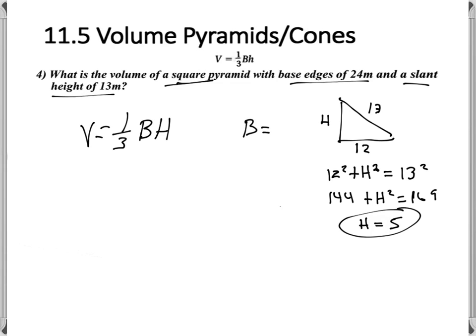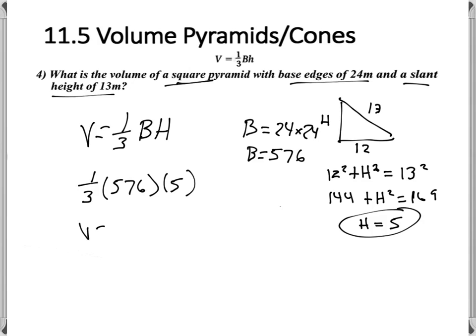Well, our base area is a square, so it's 24 times 24, which gives us a base area of 576. So we've got 1/3 576 times our height, which is 5, and we get our volume for our pyramid to be 960 meters cubed.